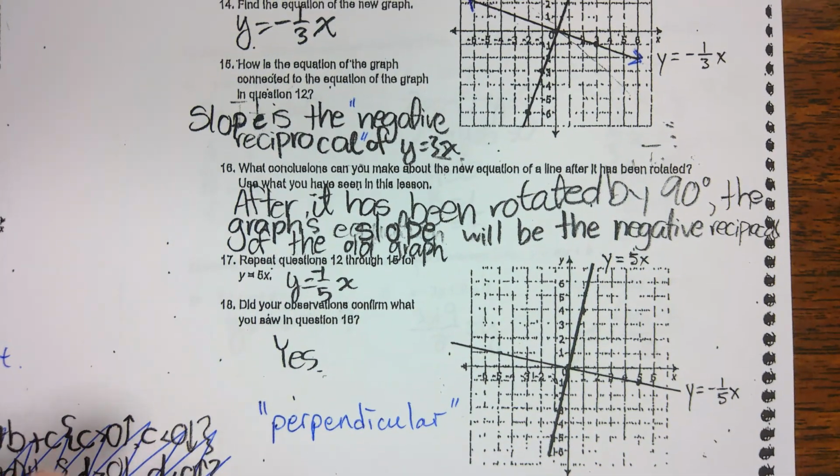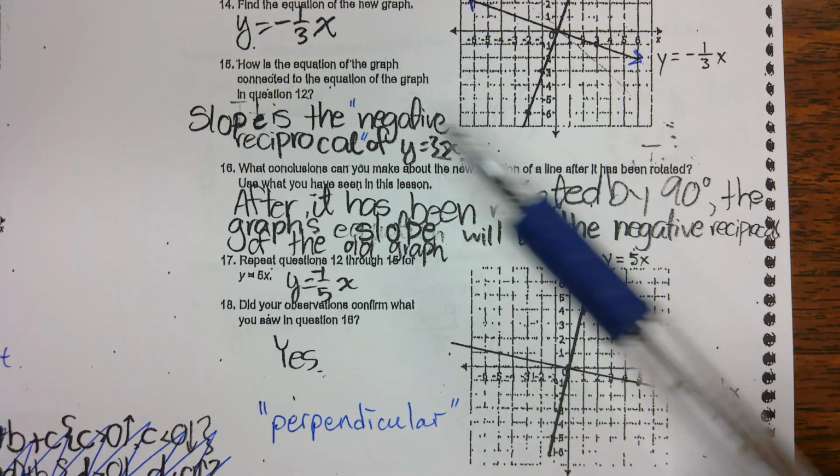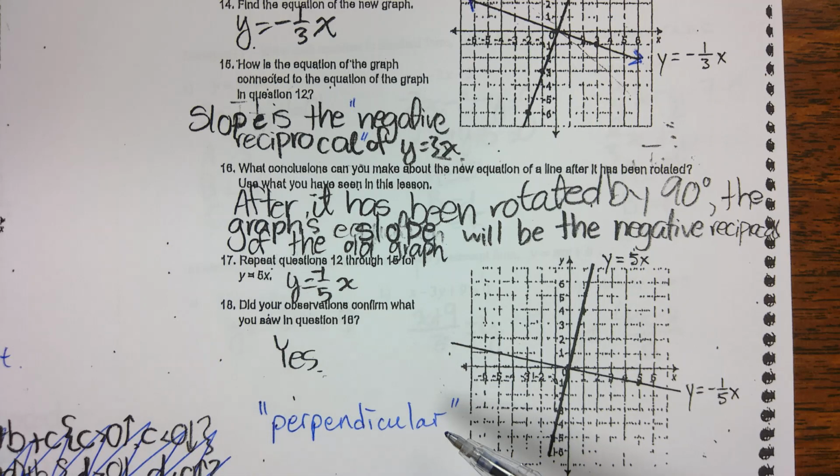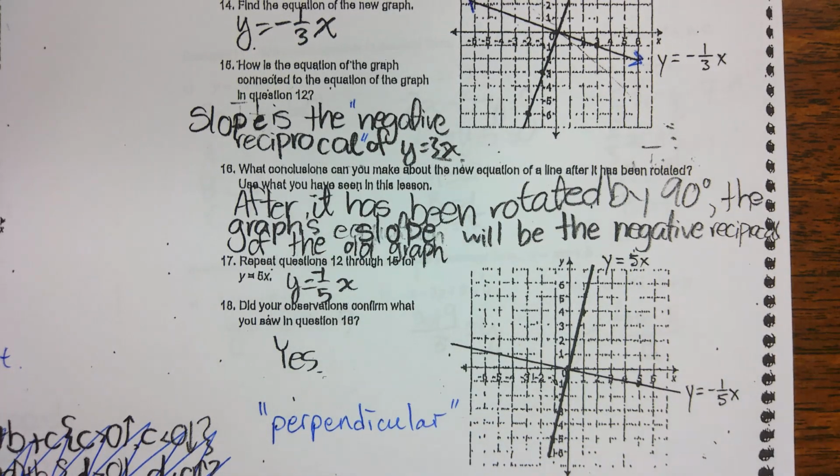These are some keywords I'm looking for on your quiz, assignment, or tests. Rotating 90 degrees means the same thing as perpendicular lines. And in perpendicular lines, you have negative reciprocal slopes.